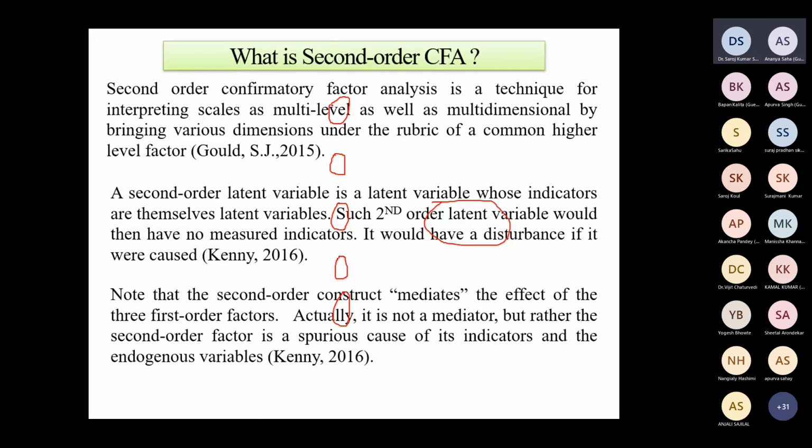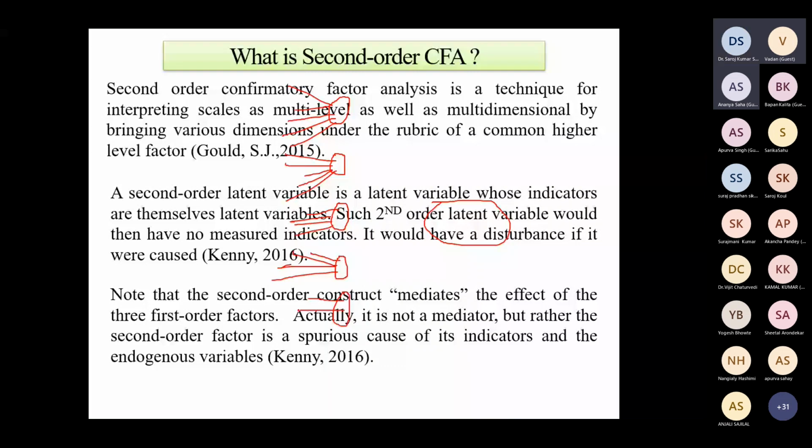The first construct has been measured by 5 indicators. Second construct has been measured by 5 indicators. Third construct has been measured by 4 indicators. Fourth construct has been measured by 4 indicators. Also, the 5th construct has been measured by 4 indicators.